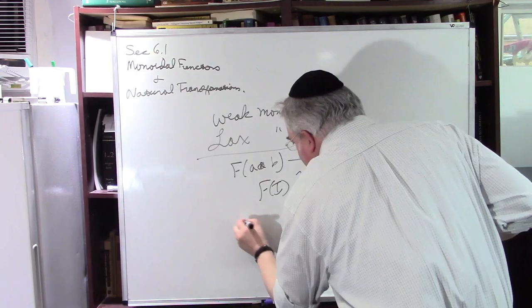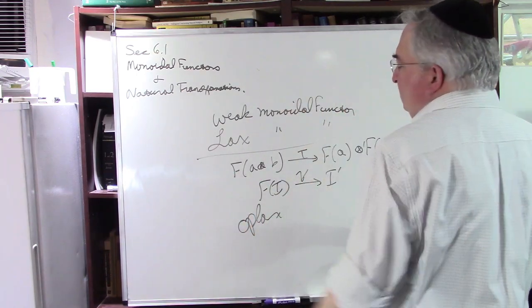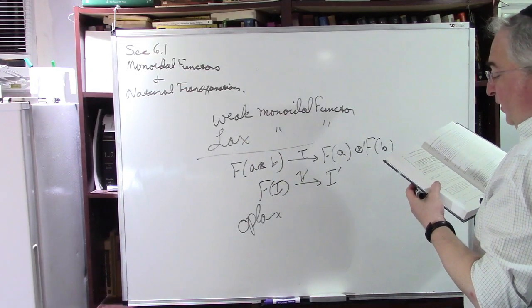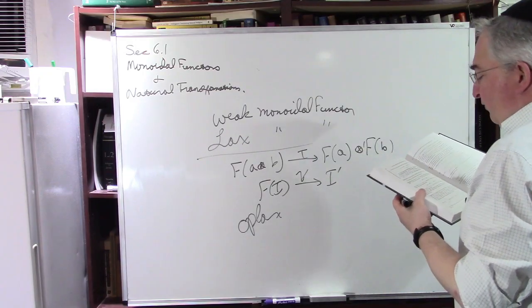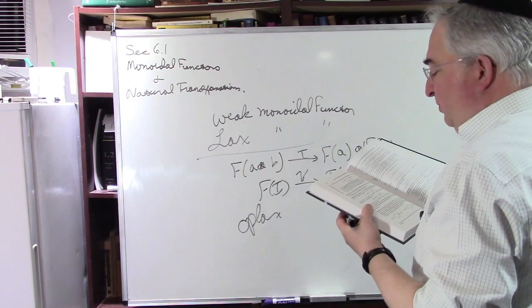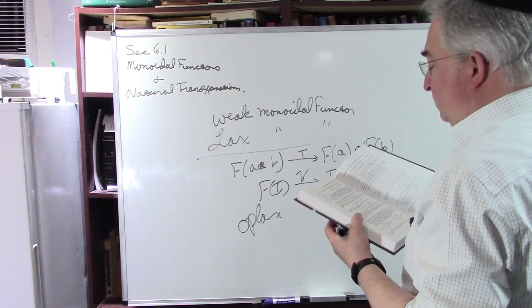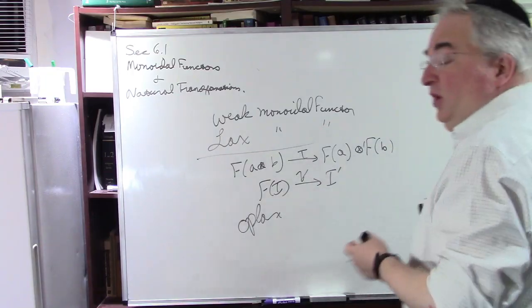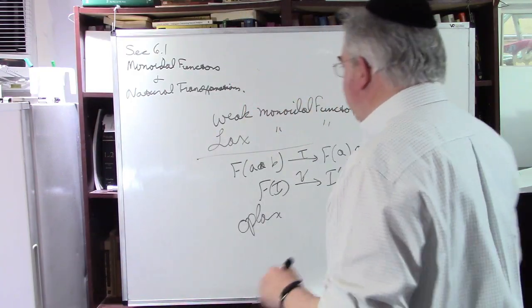So let's just write the word oplax. So it's opposite, so it's oplax. Also called comonoidal functor, I don't know why, or opmonoidal functor, or colax monoidal functor. Oplax, colax, very nice. So again, the weak monoidal functor can go this way or it can go that way. That's it.